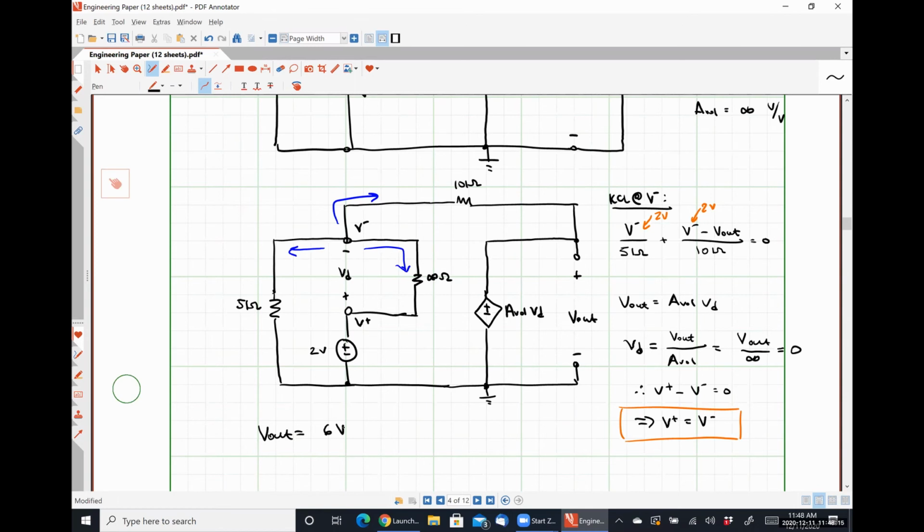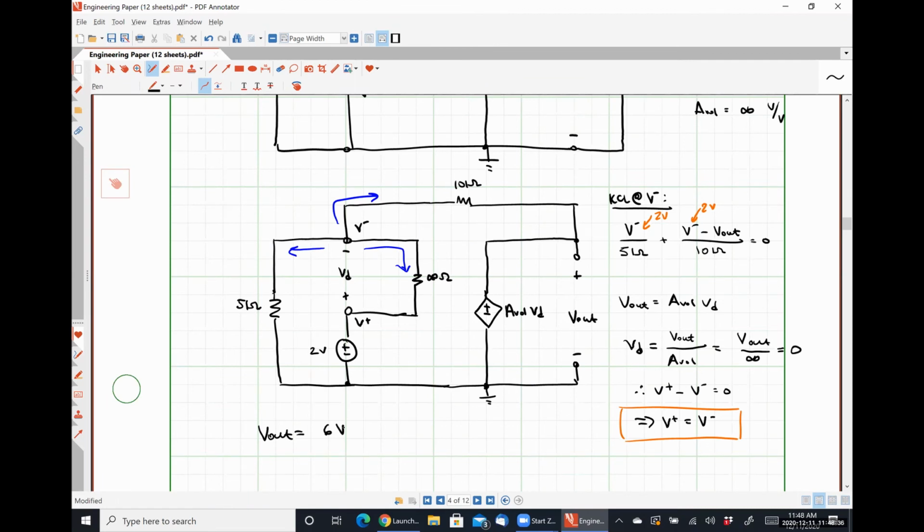Negligible, right? We got 5.9998 volts for output, which is dang close to 6. We got 60 microvolts for VD, which is pretty dang close to 0.